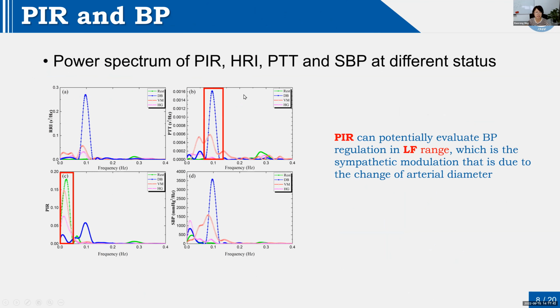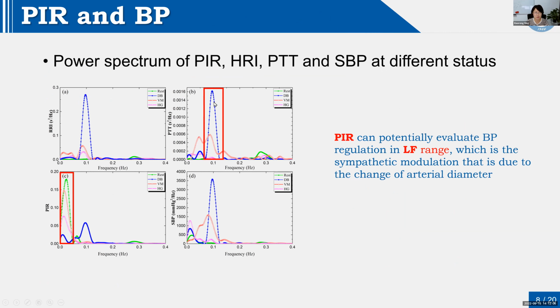We also did experiments and comparisons of the PIR with other indicators like pulse transit time and the heart rate intervals, and calculated their spectrum. This is a spectrum for these indicators in different states: rest, deep breathing, Valsalva maneuver, and the hand grip test.